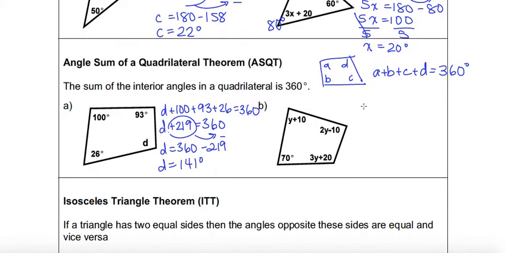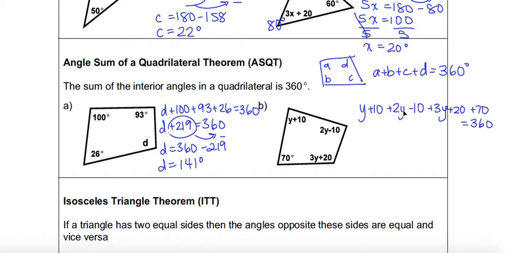So I have y plus 10 plus 2y minus 10 plus 3y plus 20 plus 70, and that's all equal to 360 degrees. So all of these added up gives me 360 degrees. So I'm going to collect my like terms.